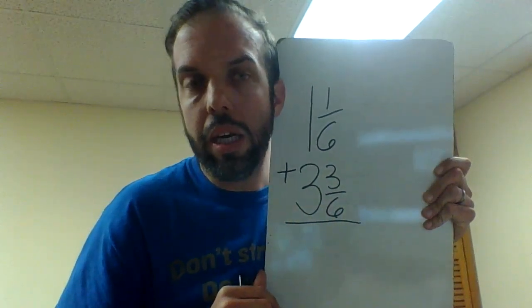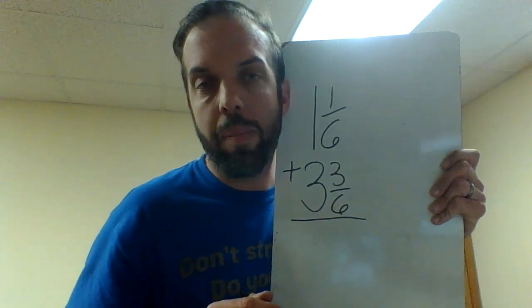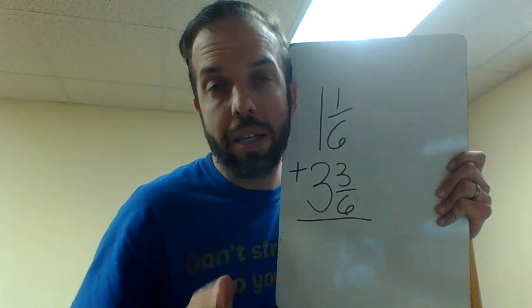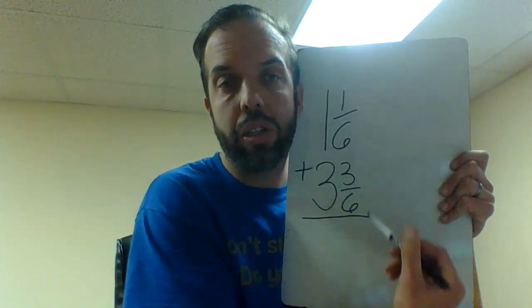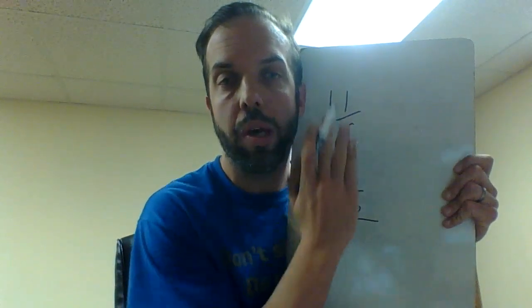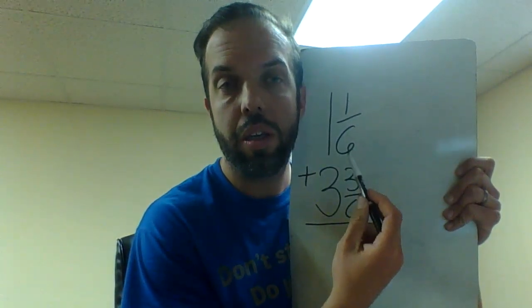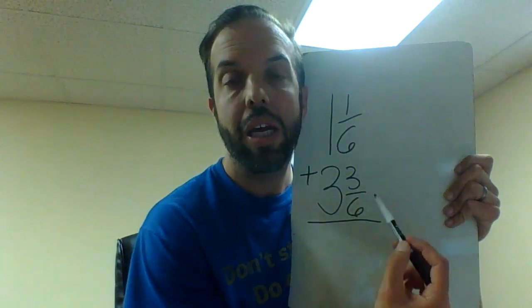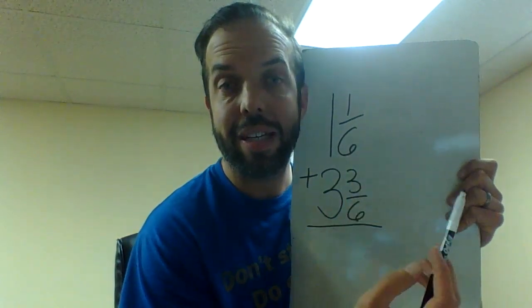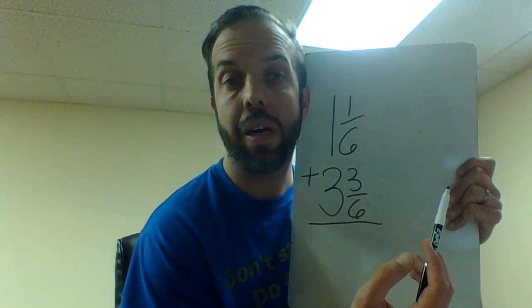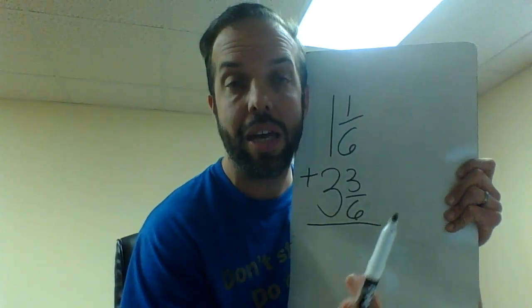When I'm doing addition problems with mixed numbers, I always start with the fractions first. Ignore the whole numbers for right now. The first thing I want to check is whether the denominators are the same. If they are, that's less work for us, which is awesome. In this case, they are the same.